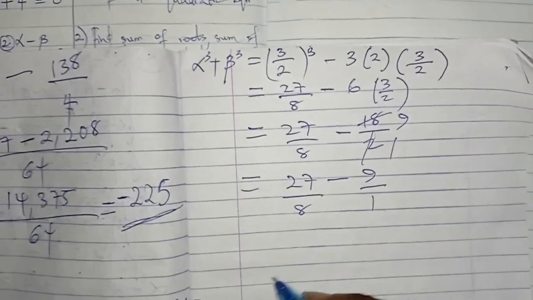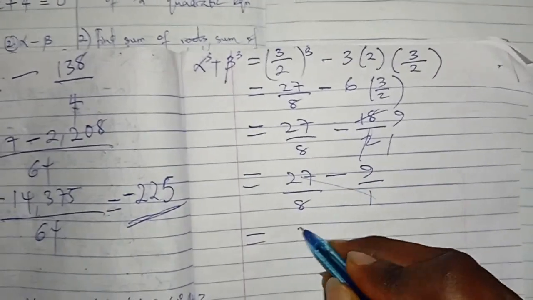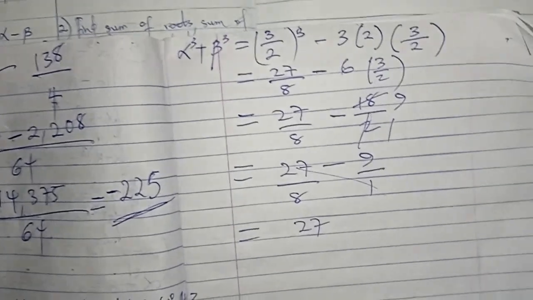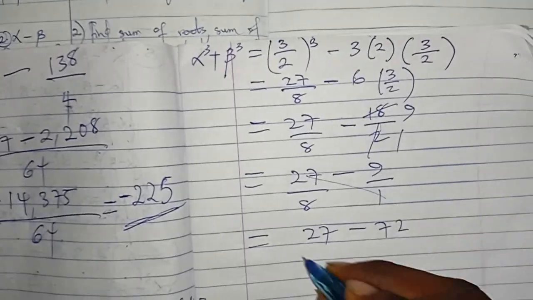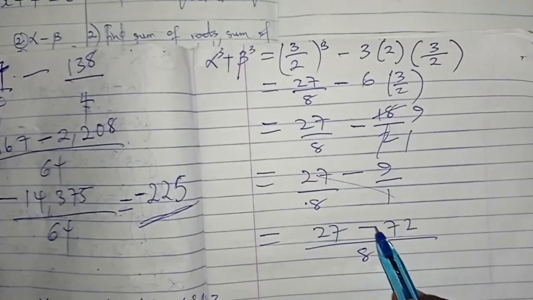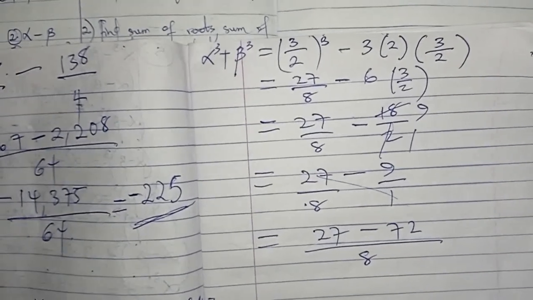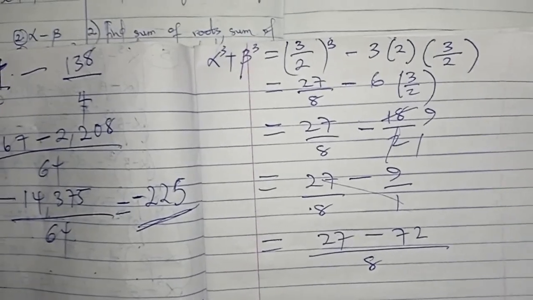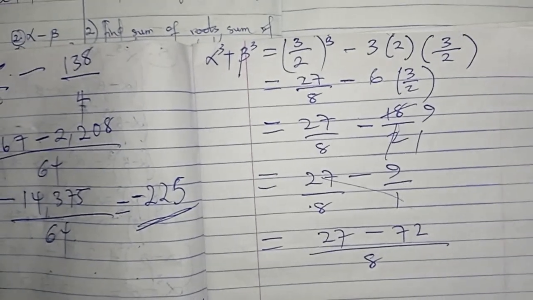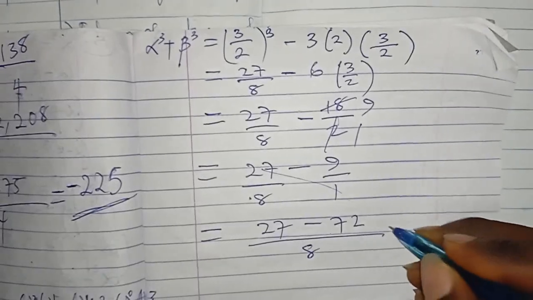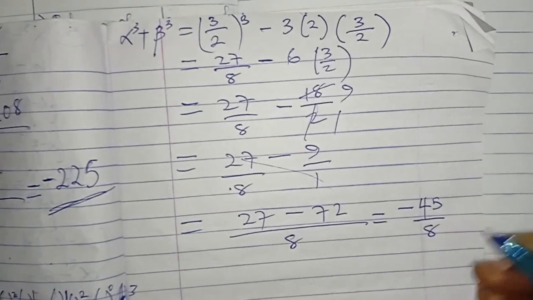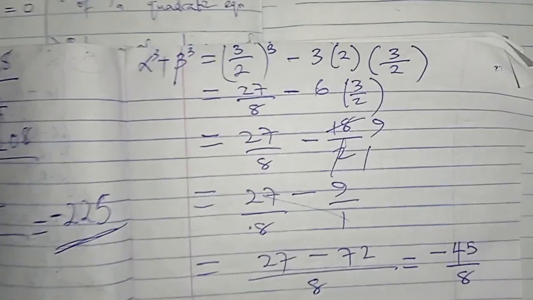If you do this, you have 8 times 9, so 27 minus 72 all over 8. You get minus 45 over 8.